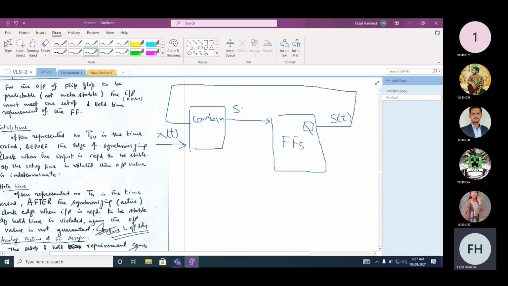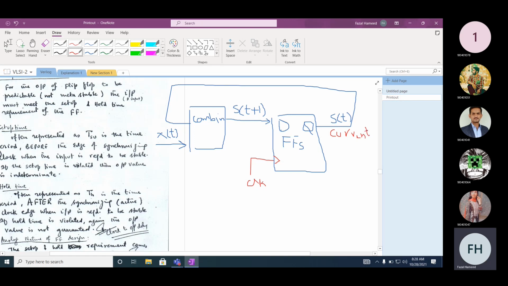So now we will have some ST plus 1, and this ST plus 1 is input to the flip-flop. The output Q, the state ST plus 1, is now dependent on ST. What is this ST? This is the previous state, and this is the next state. Or we can also call it the current state.